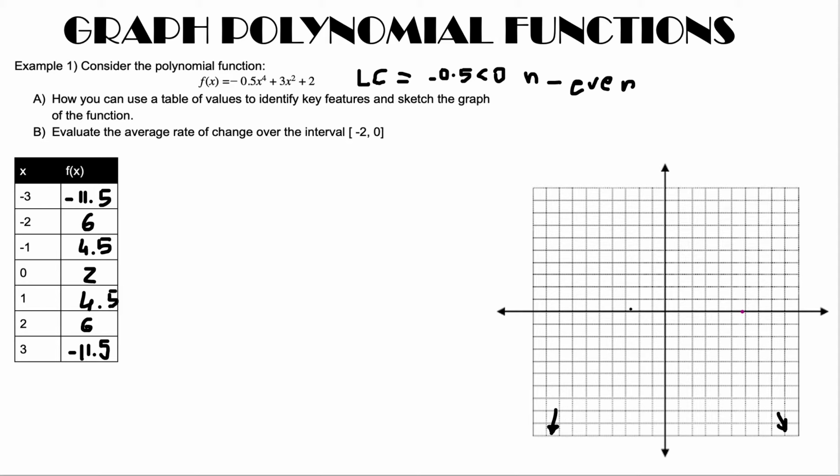And now we are taking those points. Let's say here is 1, -2, and -3. -3 is at -11.5 somewhere here, let's say. -2 is at 6, somewhere here. 4.5 is here, and 2 is here.